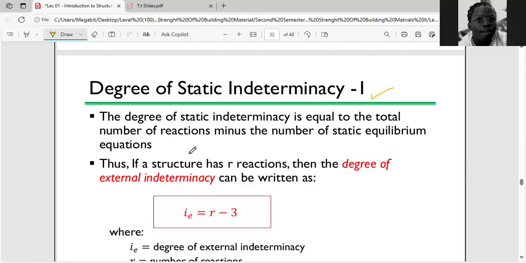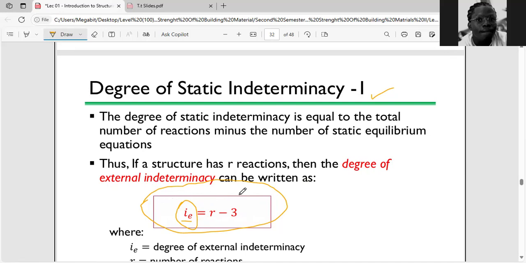Thus, if a structure has R reactions, then the degree of external indeterminacy can be written as I subscript E equals R minus 3. And this I subscript E is your degree of external indeterminacy.